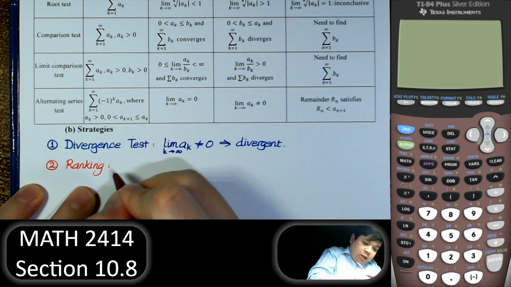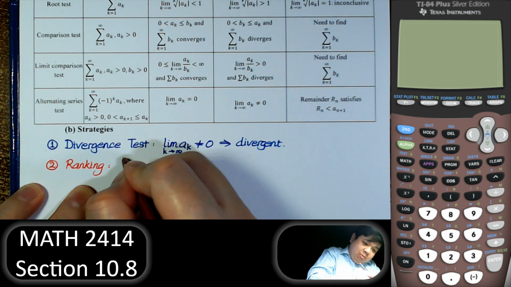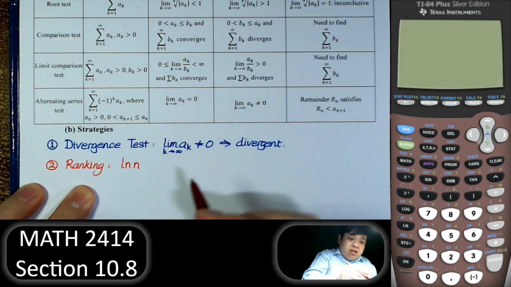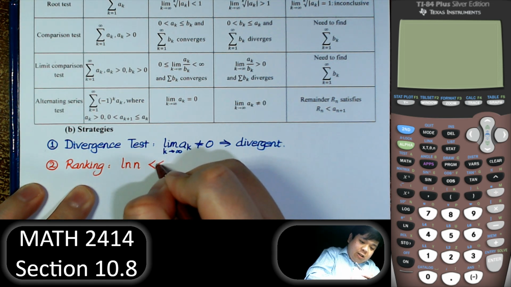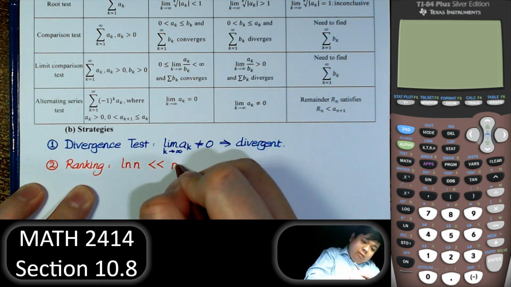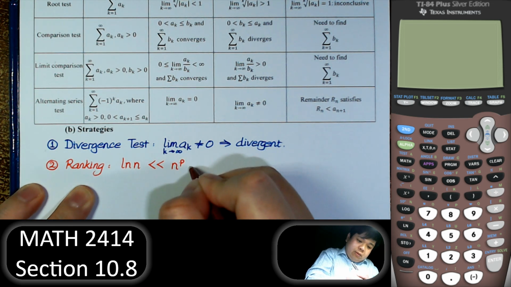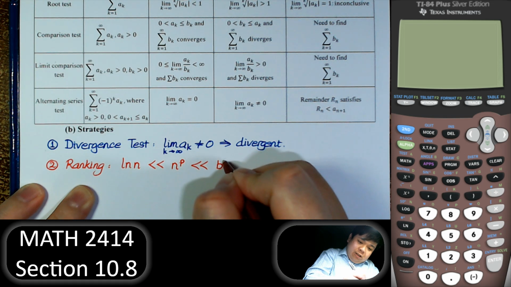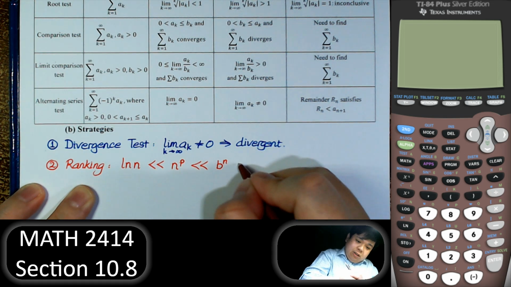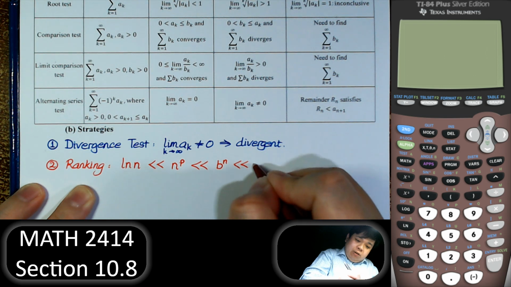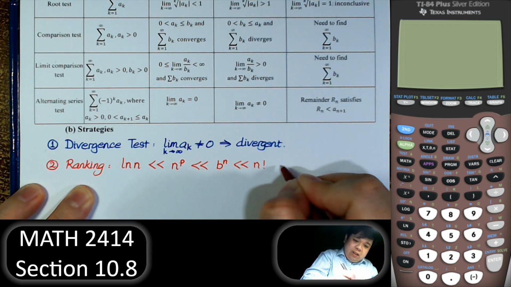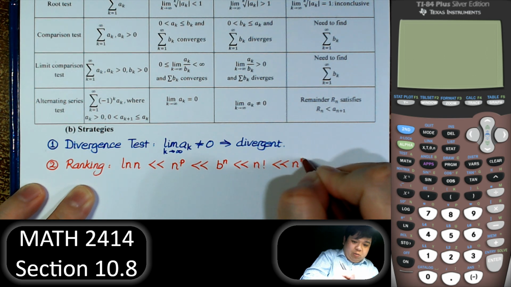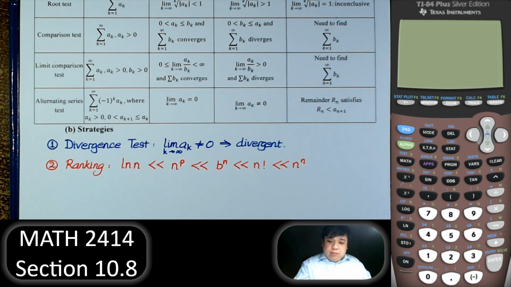We start with ln, and less than ln we have a constant, and then we have power, exponential, factorial, and I think we call this the tau function.